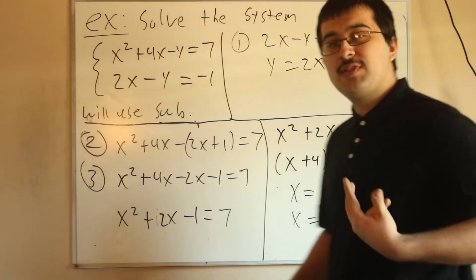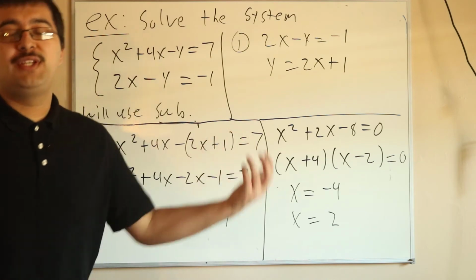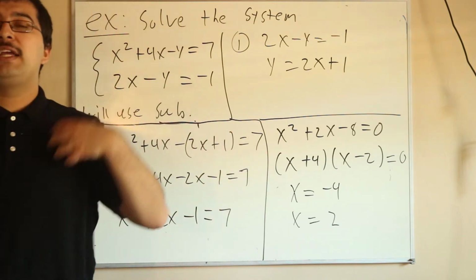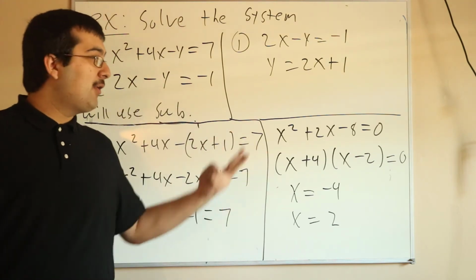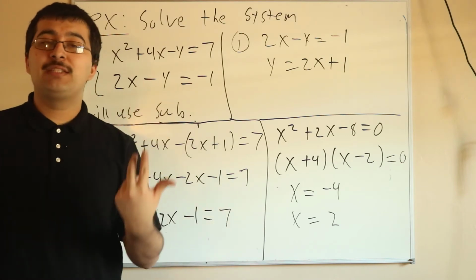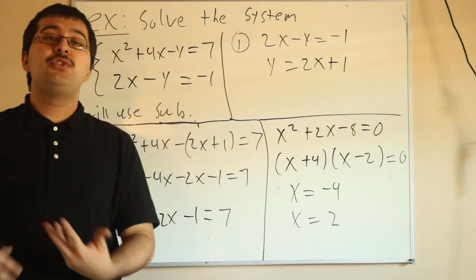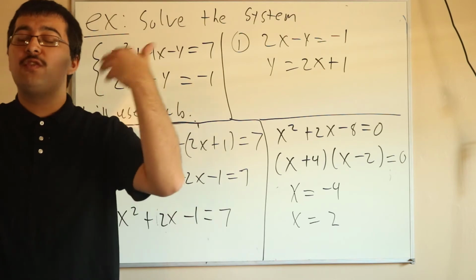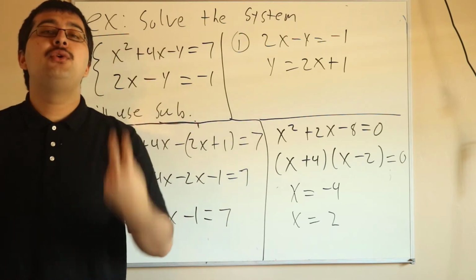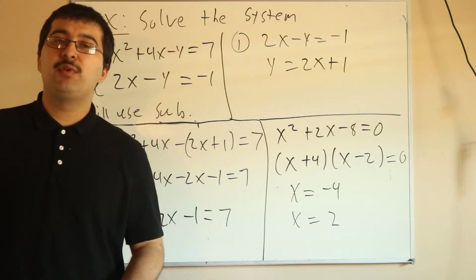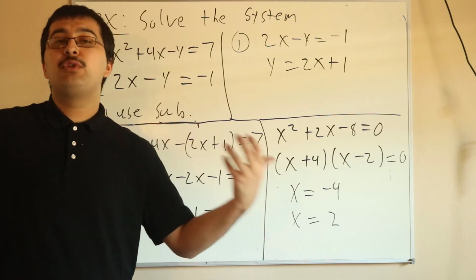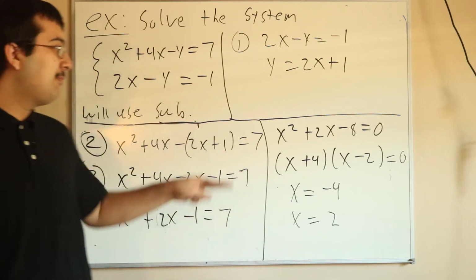So my next step in substitution was to back substitute, take the x I solved for, plug it back in, and solve for y. So this time around, since I have two x's, I need to do back substitution twice, and I'm going to produce two y values. So in other words, just looking ahead, I'm going to have two solutions for this system of equations. So yes, it is possible to produce two solutions for a system.